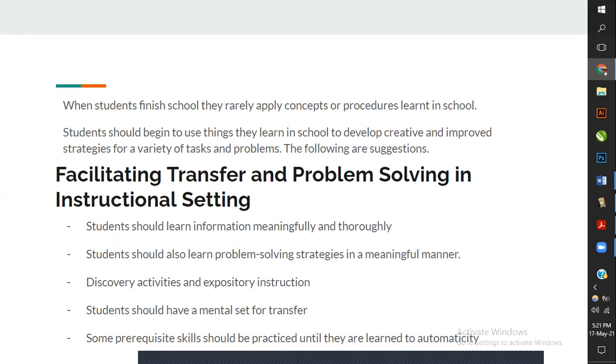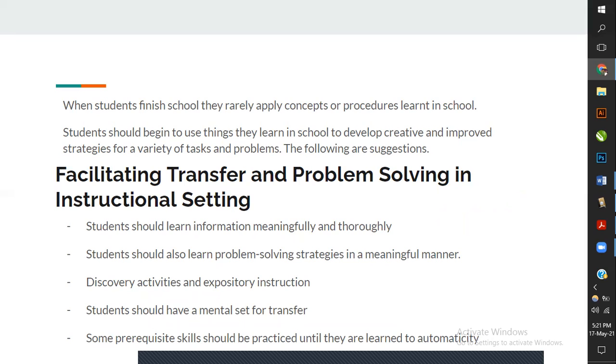Some prerequisite skills have been practiced until they have learned to automatically do these skills, especially in English, where the teacher will ask students to do several summaries from stories, right, or articles until they could master this skill.